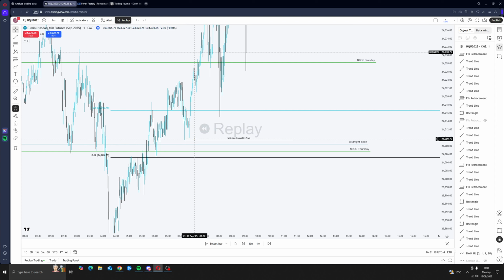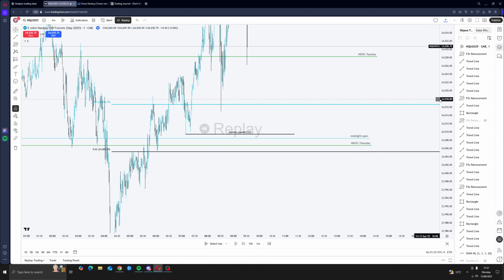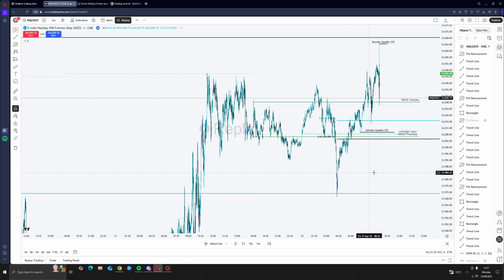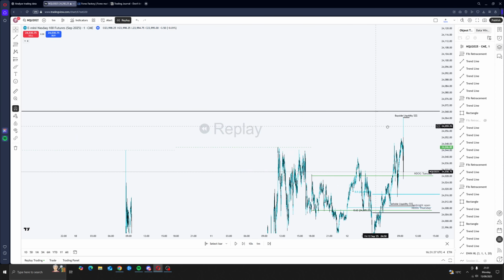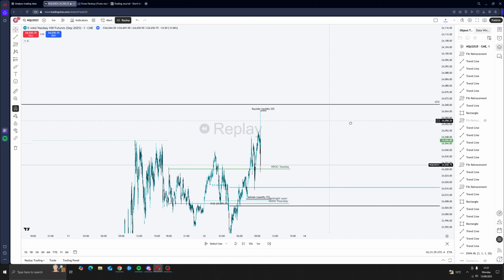We have a sell side, the initial sell side. We have midnight opening price. And so now we're really discounted, and then we have the new daily opening gap, and we have the OTE of the range. If we are still staying bullish because the TP is still not hit, which is all-time high, right?